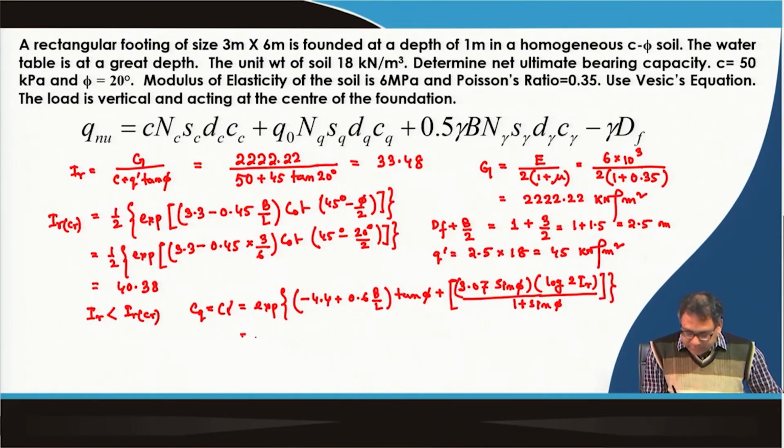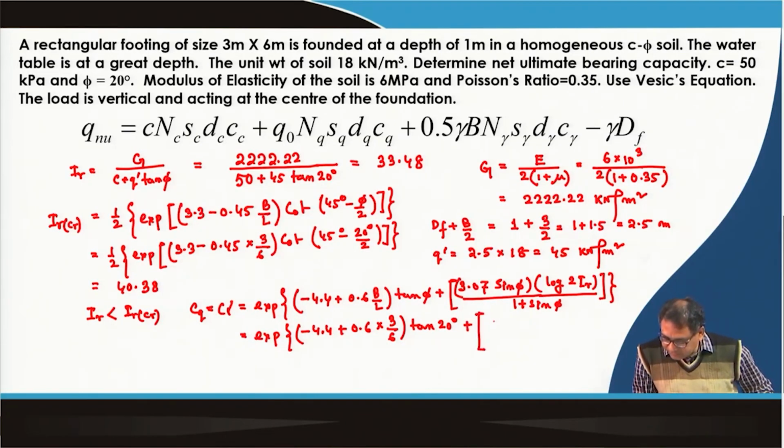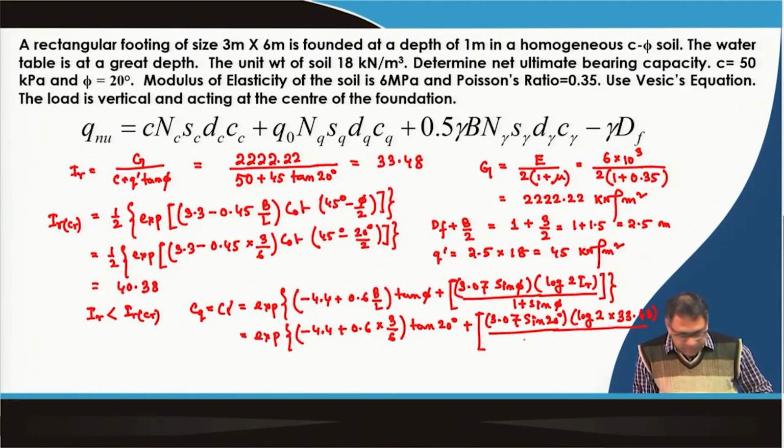So, I can write that as exp of (minus 4.4 plus 0.6, B is 3, L is 6) tan 20 degree plus 3.07 sin 20 degree into log of 2 into 33.48, divided by 1 plus sin 20 degree.